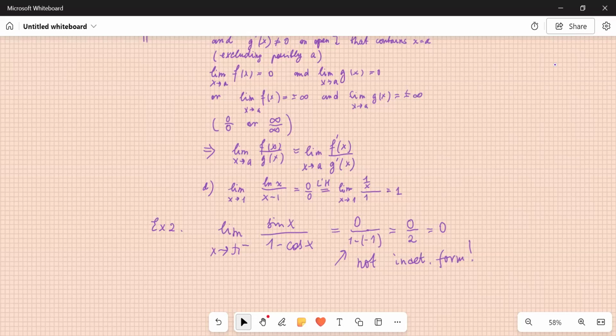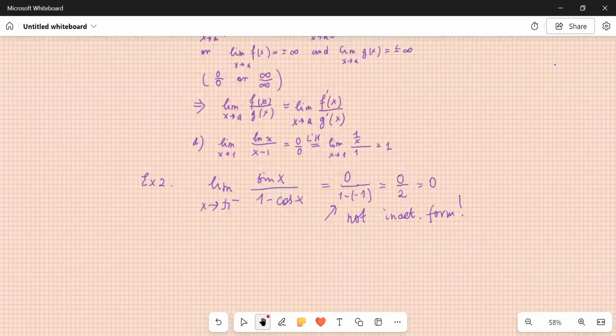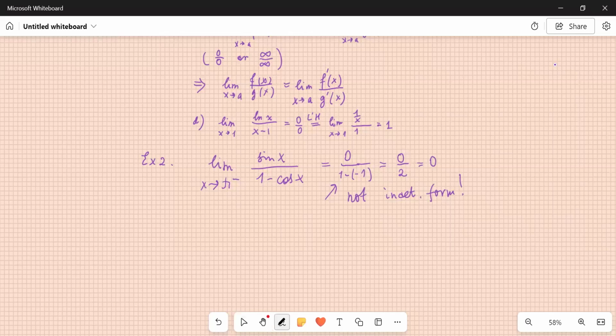Okay, now I'm thinking to consider example 3, which is going to be the infinity case. Example 3: limit as x approaches infinity of ln of x divided by square root of x. We know that the logarithm goes to infinity when x goes to infinity, and the square root also goes to infinity.